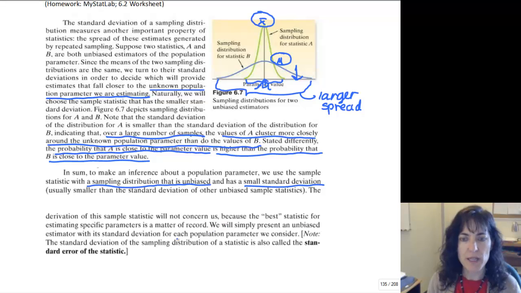We'll simply present an unbiased estimator with its standard deviation for each population parameter that we consider. So we're going to just specify this is our standard error of our statistic. We know what it is, it's this big, and that's our standard deviation. So we just use that and we say this is our error.